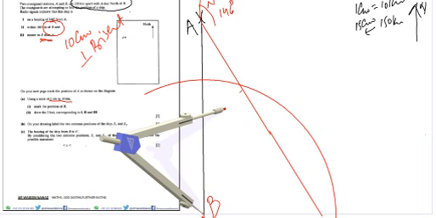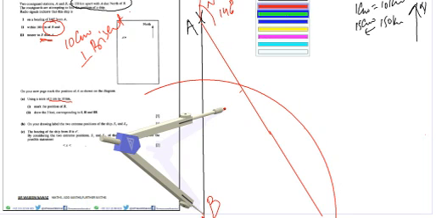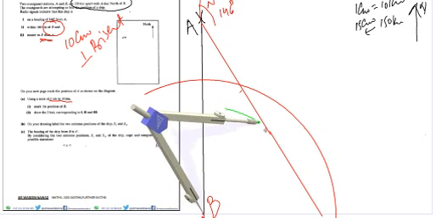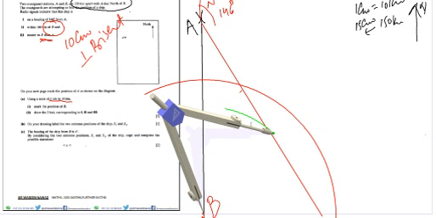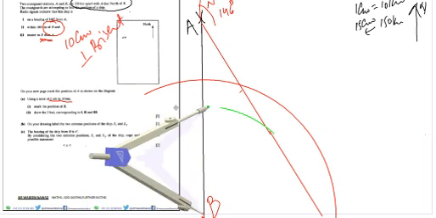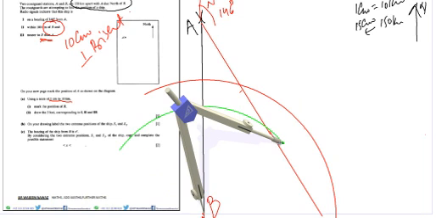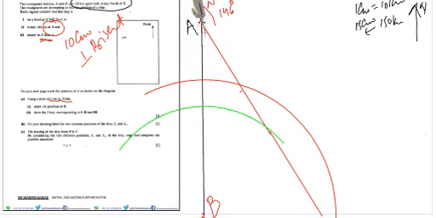Okay, so I will use a different color to show you clearly. I draw an arc here, and similarly I draw an arc here, above the line and below the line, and by maintaining the same radius, I will draw the second arc here.